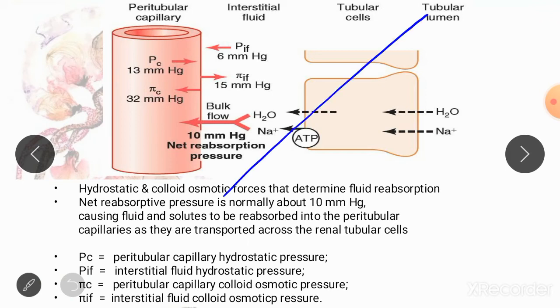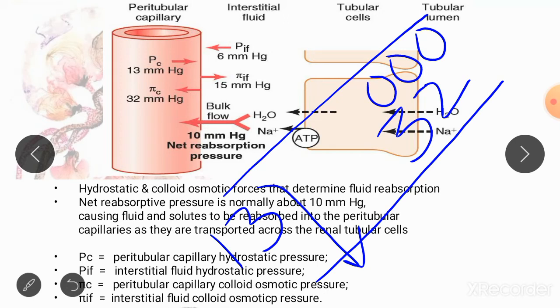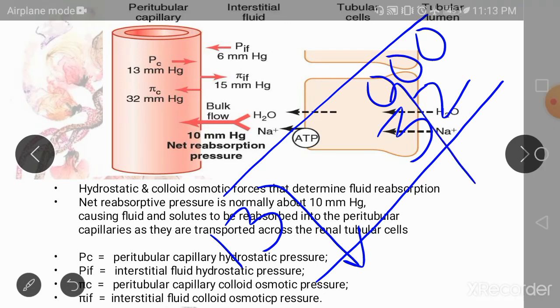In peritubular capillaries, the hydrostatic pressure is around 13 millimeter mercury, and of course it is going to be an outward force. As always, the osmotic pressure exerted by the plasma proteins present in the peritubular capillaries will be 32 millimeter mercury, and it is going to be an inward force.